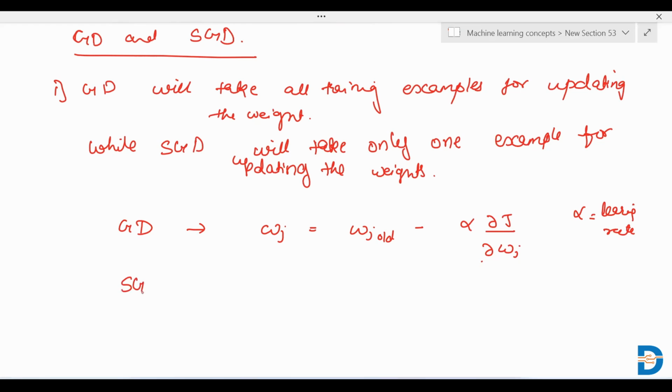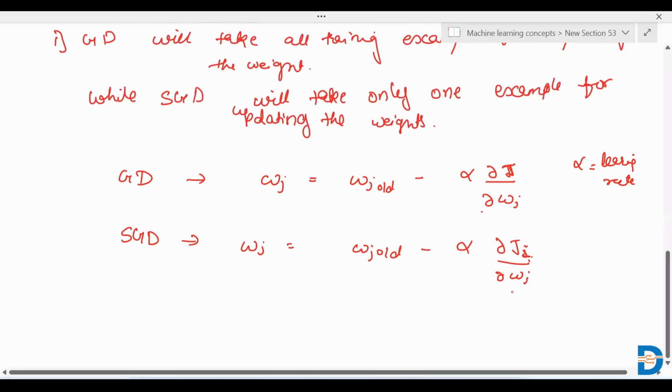While for SGD, the new weight will be the old weight minus alpha times the gradient of the cost function. See here, we are specifically writing it for a single example. It takes only a single example, and in GD, it takes all the examples into consideration. So this is GD and SGD.